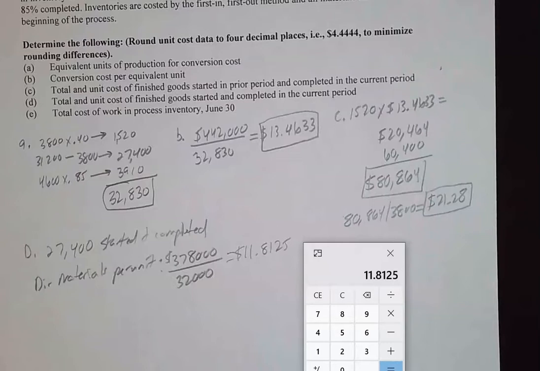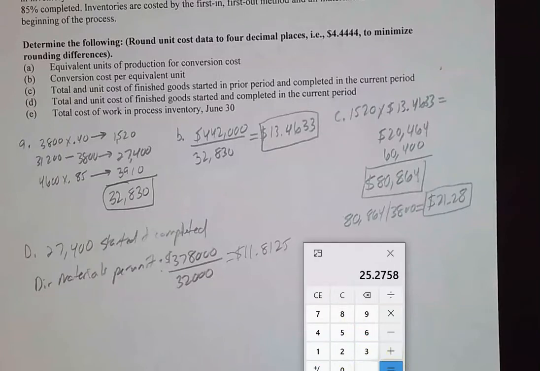So let's think about this now. We've already done a lot of work here. We've calculated the direct materials cost per unit. We previously calculated the conversion cost per unit. So now what we're going to do is add the materials of 11.8125 plus this 13.4633.